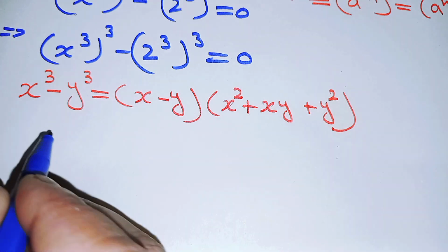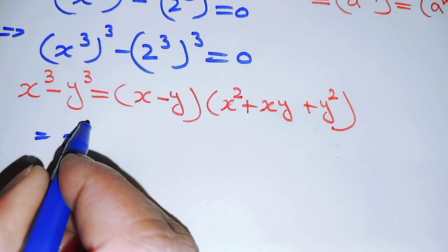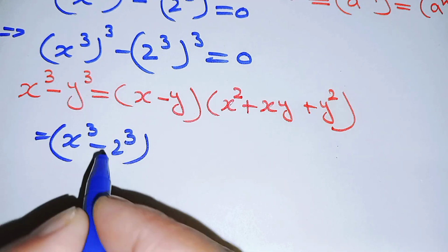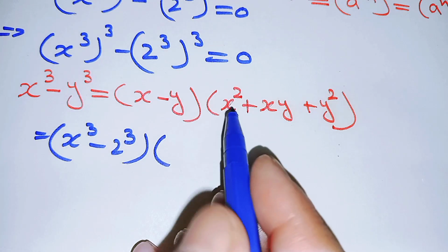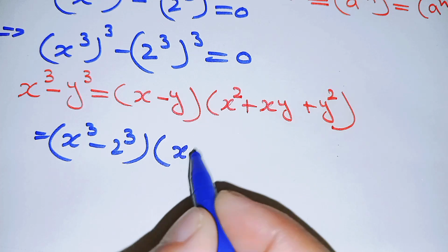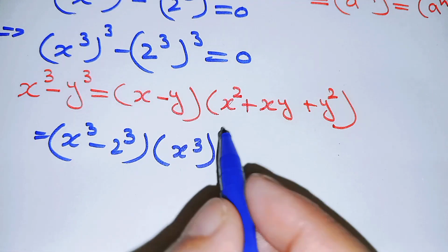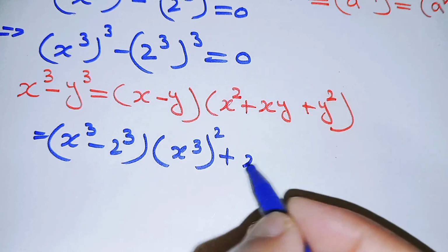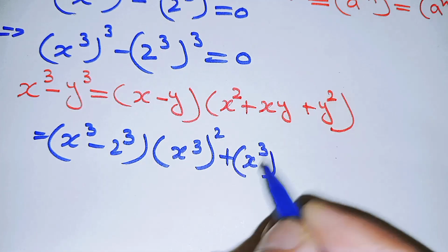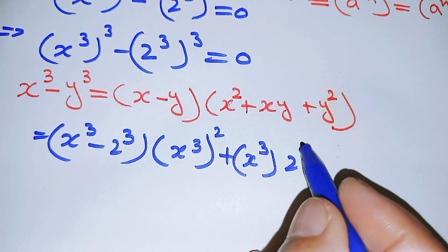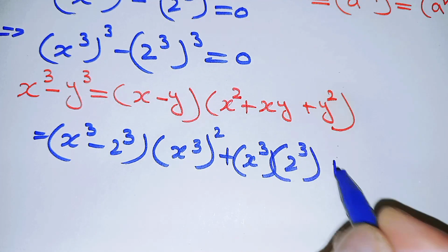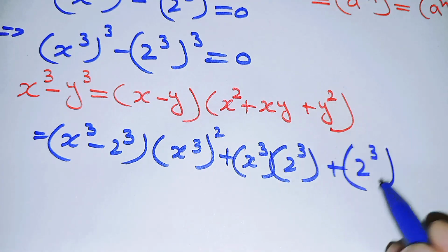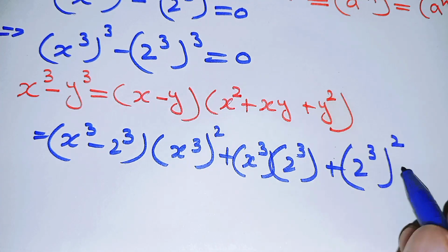So here x cube minus 2 cube, and then x square is (x cube) whole to the power of 2, plus x times y, which is x cube times 2 cube, and then plus y square, which is (2 cube) whole to the power of 2, is equal to 0.